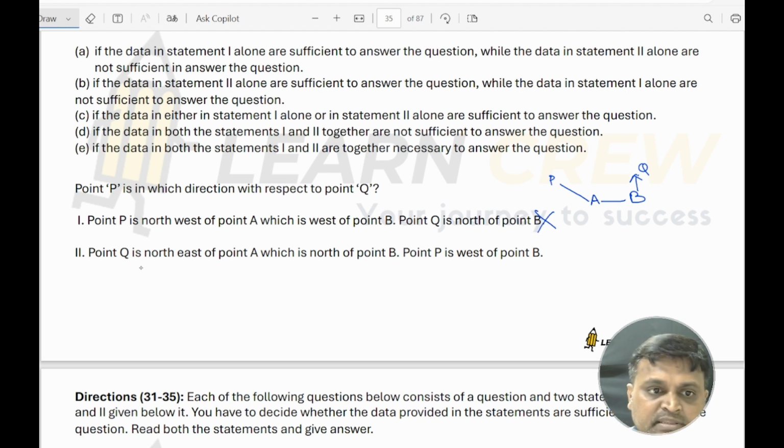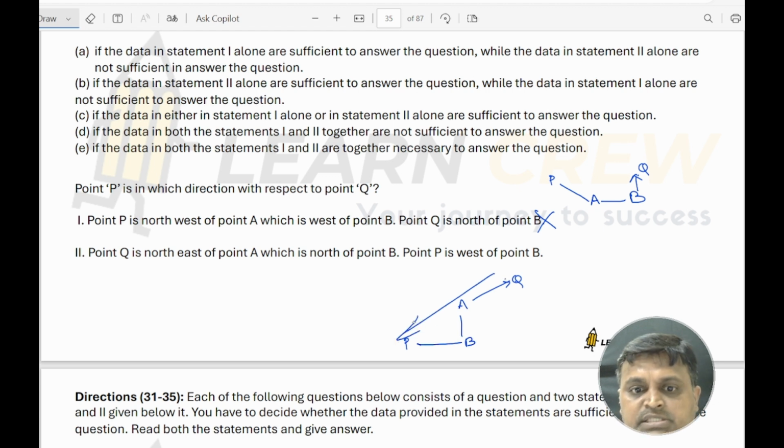Now if I take the second one, point Q is to the northeast of A. This is A. Point Q is to the northeast of A, which is north of point B. Point P is west of B. So definitely you can say now the position of P with respect to Q: with respect to Q, P is southwest.